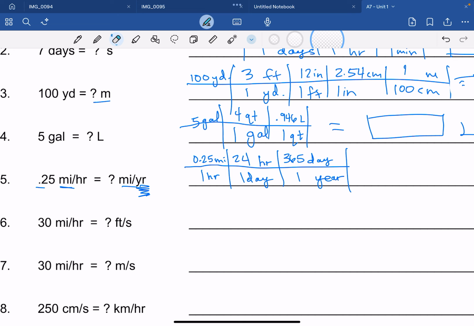You could go from 24 hours, 1 day, and say roughly 30 days in 1 month, and then 12 months in a year, and 30 times 12 is going to give you 360. So that'd be a number fairly close, but this just accounts for those 5 more days. So let's go with this one. Whoops, you'd take 0.25 times 24 times 365, and you would get your answer, and it's going to be in miles per year.